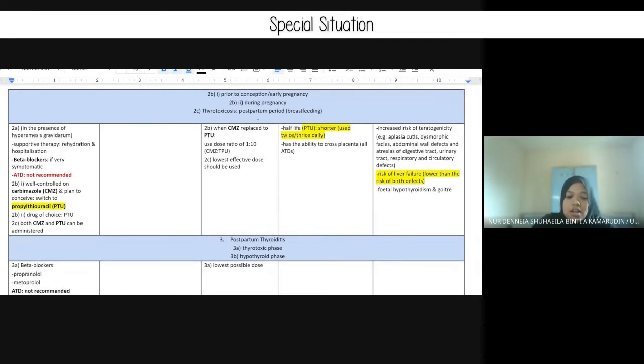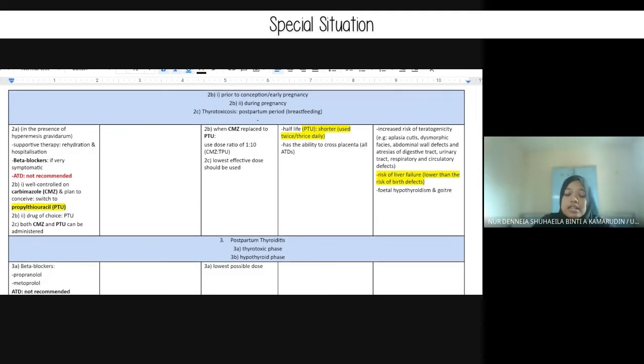For example, 200 milligrams of PTU per day is needed to replace 20 milligrams of carbimazole. This is because the half-life of propylthiouracil is considerably shorter, so it should be used twice daily.